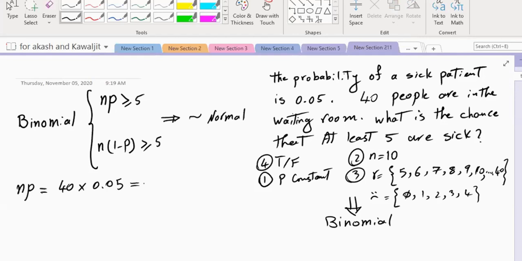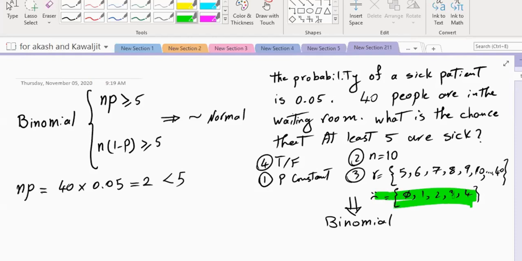What is the result? 2. Is it bigger than or equal to 5? No, it is less than 5. Therefore, we have to do binomial. And if you have to do binomial, of course, you will do 1 minus this. We have practiced it, right?